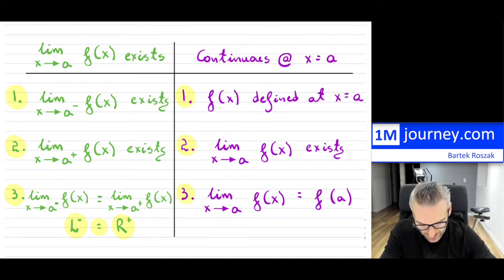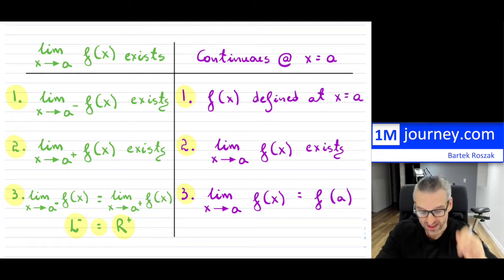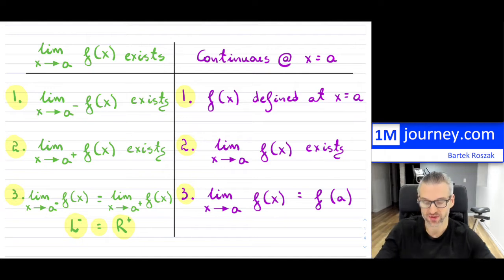And finally, the limit has to be equal to what the function is at that point a. So those conditions have to hold. If something is discontinuous at a, one of these falls apart.